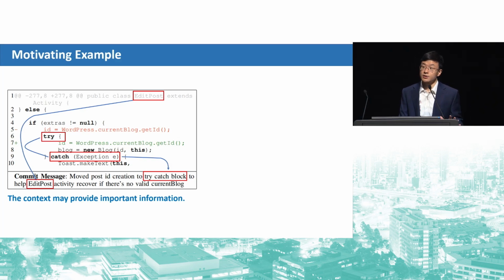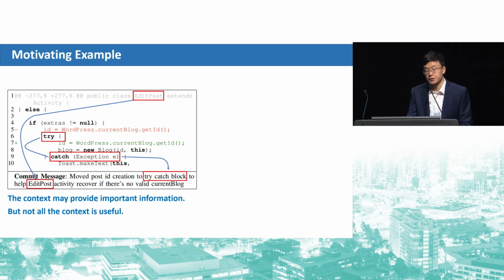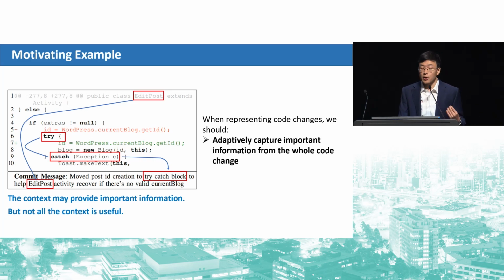But that's not enough, because not all the context is useful. For example, line 2, line 4, line 8, and line 10 are unrelated to the content and the intent of this code change. So from these observations, when representing code changes, we should adaptively capture important information from the whole code change instead of only from the changed part, and we should capture adaptively instead of regarding all the context equally.